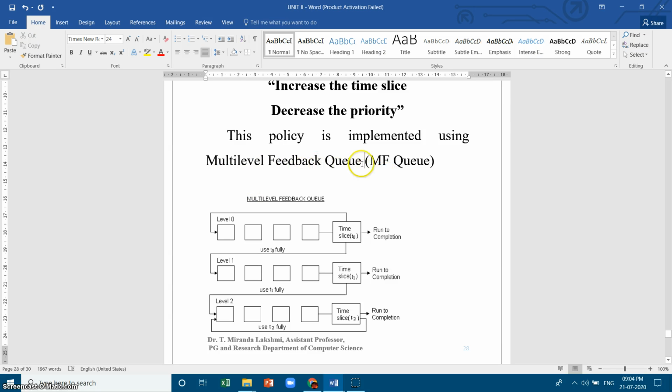We'll be saying it as MFQ. What this multi-level feedback queue will be doing is, based on the feedback, it will decide whether that is an IO bound process, whether you have to increase or decrease the time slice, or whether you have to increase or decrease the priority.